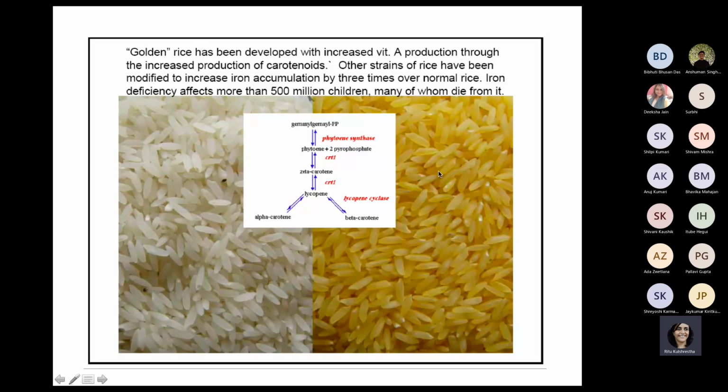That's why you see this color in the golden rice, and that's why it's called golden rice. And the idea was, how about we make a transgenic plant which has a higher amount of iron accumulation, which may serve the problem of iron deficiency generally seen in children or any individual.